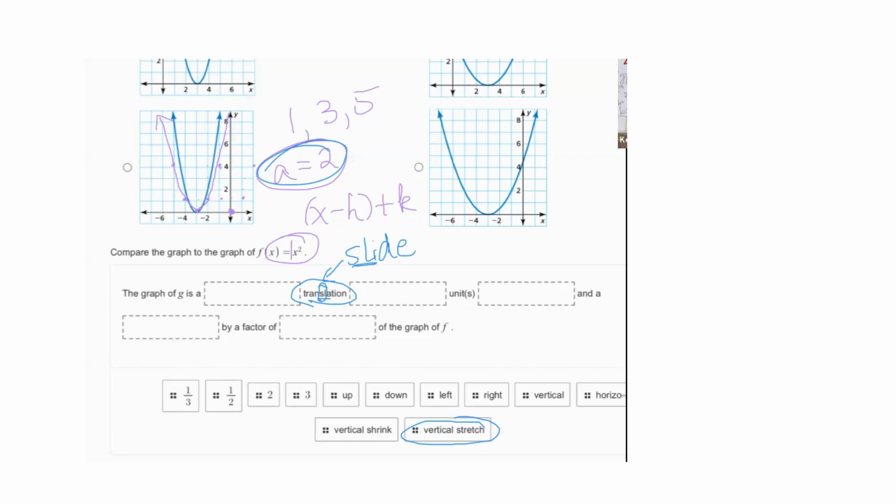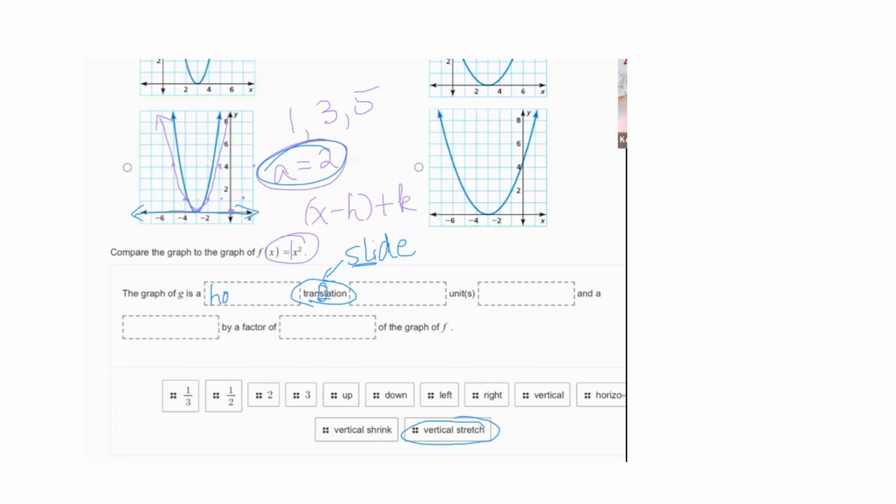So filling in those blanks, the graph of G is only a horizontal translation, because the X-axis is flat.